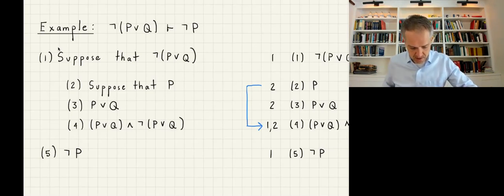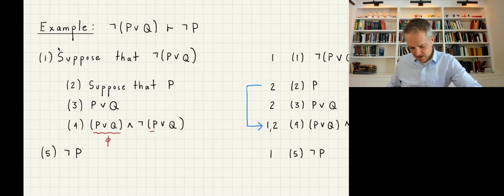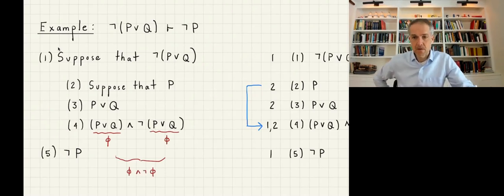I'll mark that to be totally clear. Here's a sentence, P or Q, let's call that phi. Here's that same sentence, P or Q, but negated. So we have an instance here of phi and not phi. So under the supposition of P, a contradiction follows.